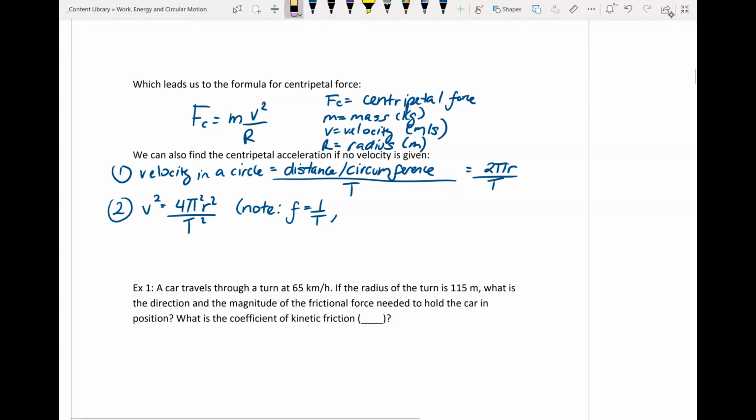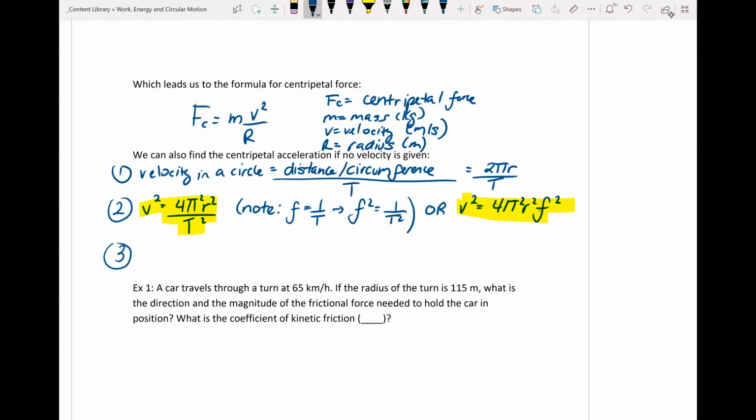And if we were to square both sides of that, we're going to get frequency squared is equal to 1 over time squared, which means that I can replace my t squared in the bottom of that equation with f squared, or frequency squared. So we can use either this one or this one.